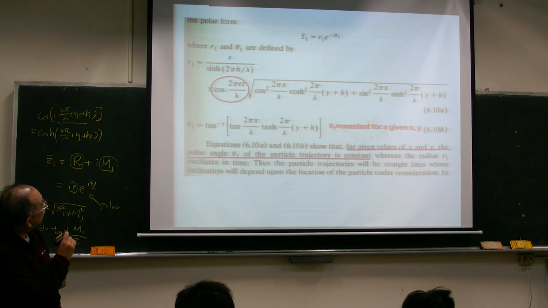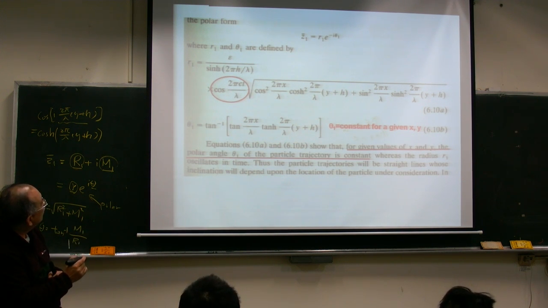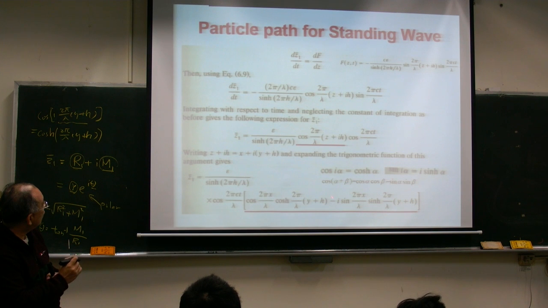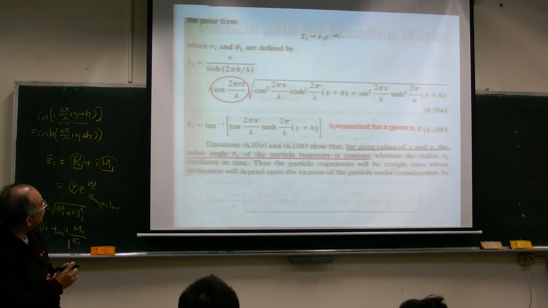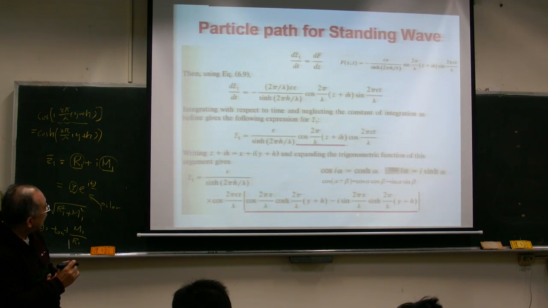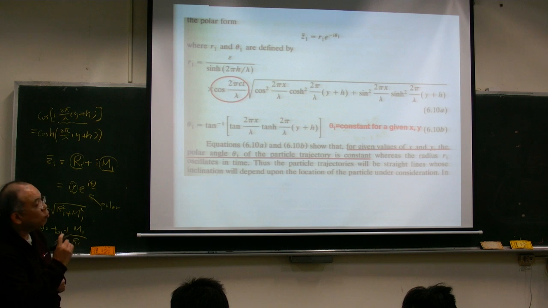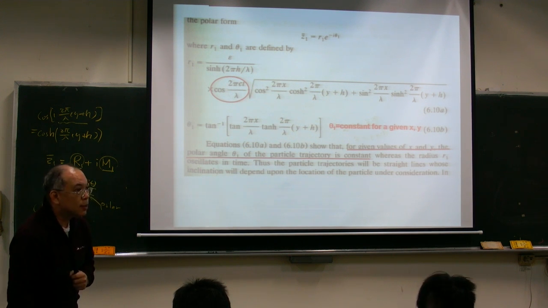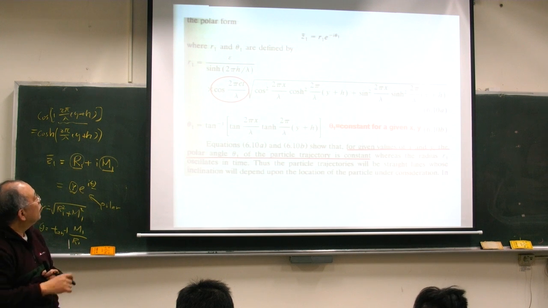So this is the real part squared, and this is cosine squared, hypercosine squared, plus this, sine squared, hypersine squared. Take the square root. That's exactly what I said. You can double check with this.